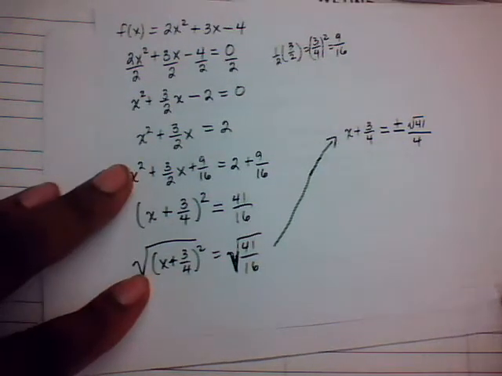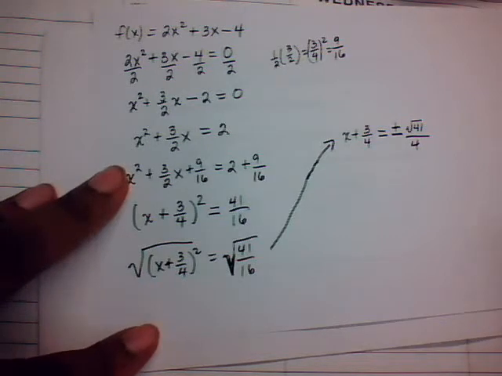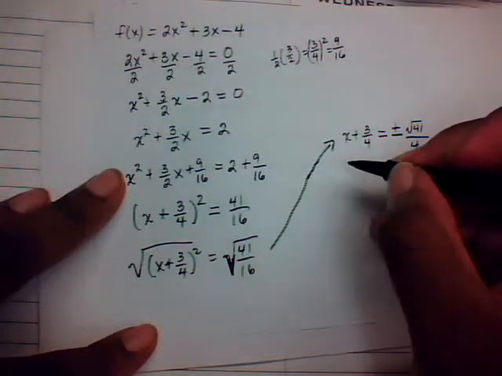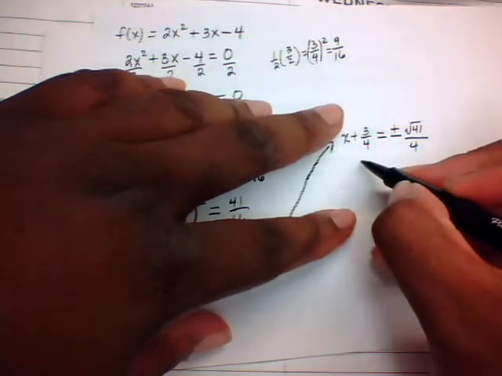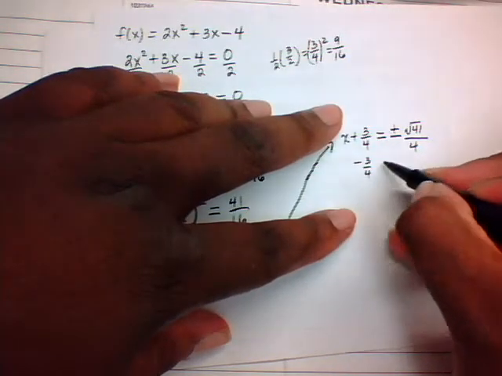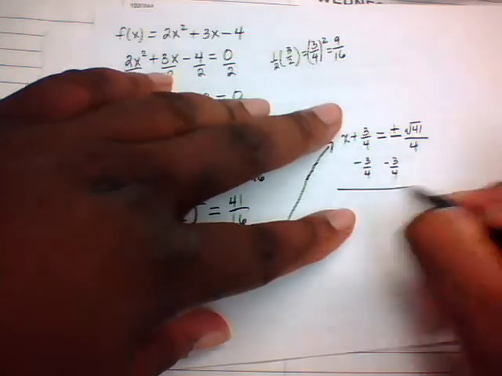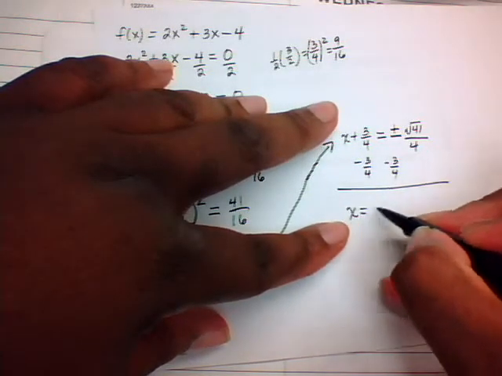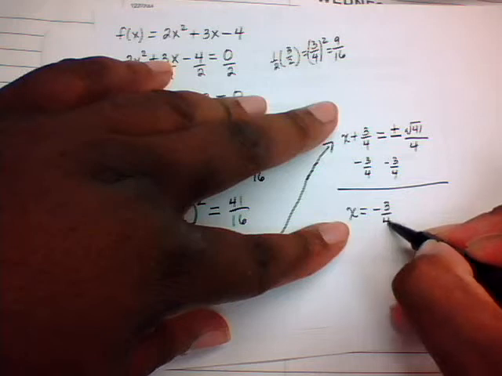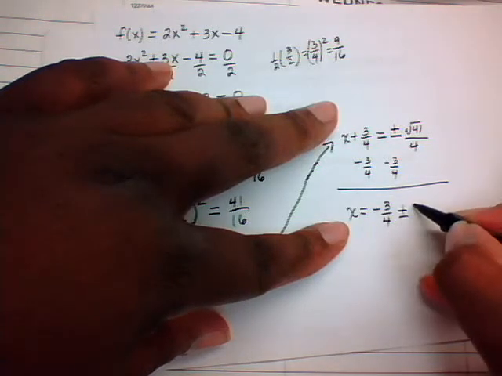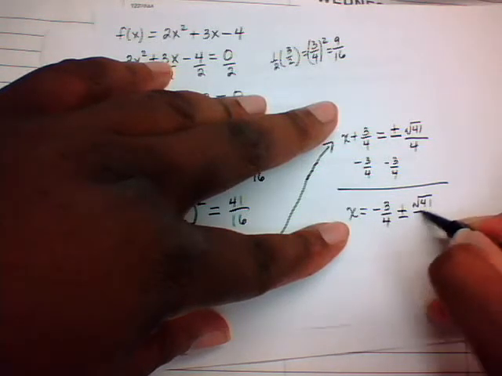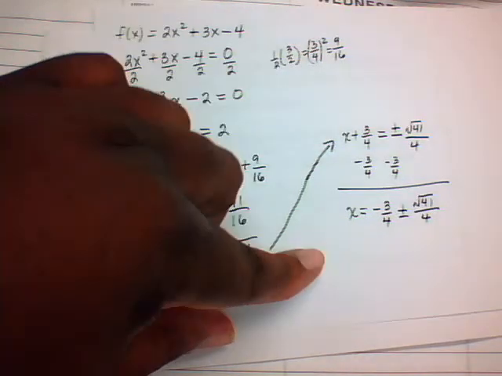So we get x plus 3/4 equals plus or minus the square root of 41 over 4. Now to get the x by itself, we'll subtract 3/4 on both sides, which means x is equal to negative 3/4 plus or minus the square root of 41 over 4.